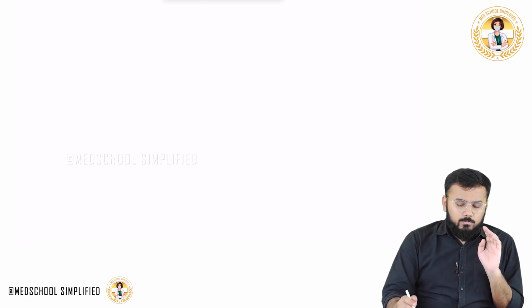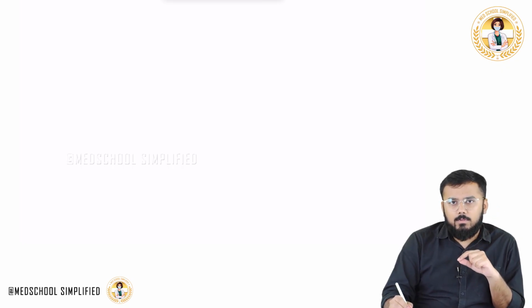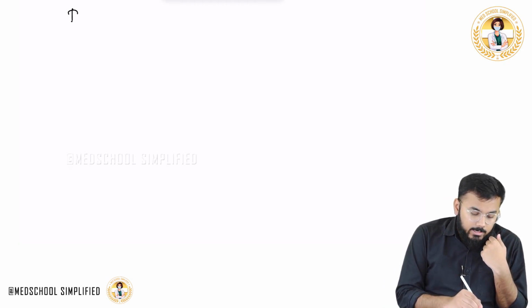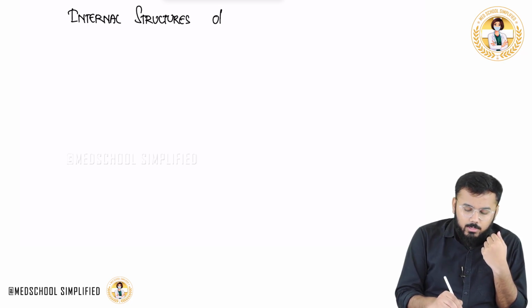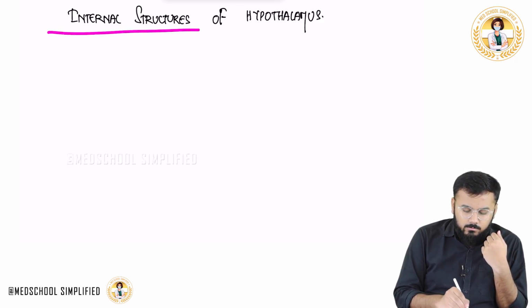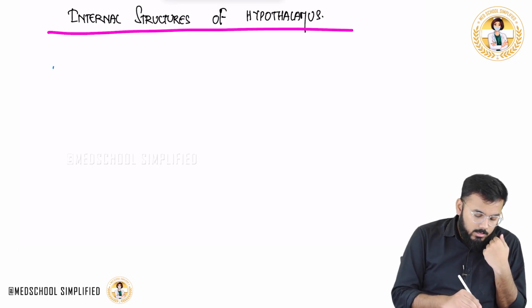Okay. So I'll draw the pictures and then I'll explain, but before that let me write down some textual matter so that it will be easy for you. So regarding the internal structures of the hypothalamus, first of all, you have to know three important things.